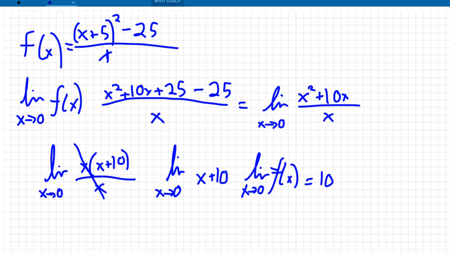Let's do a little bit more complicated example. So let's say we have a function that involves absolute value. So we have a function f of x equals x plus 1 over the absolute value of x plus 1.